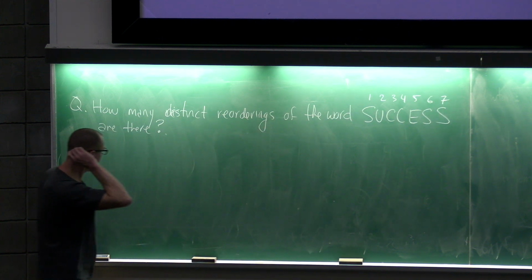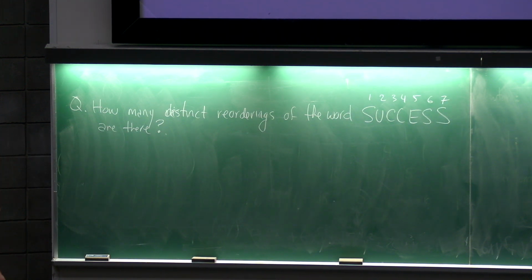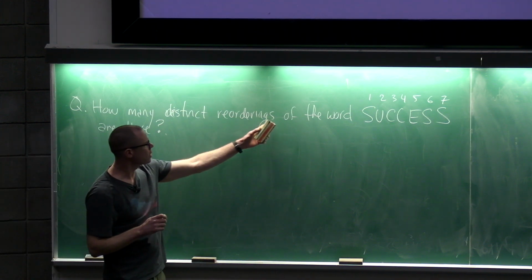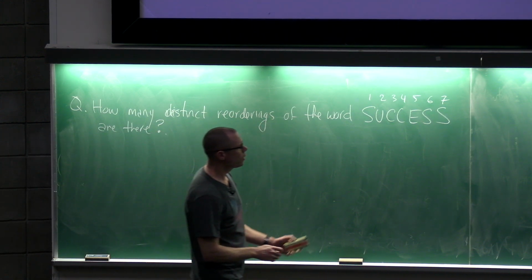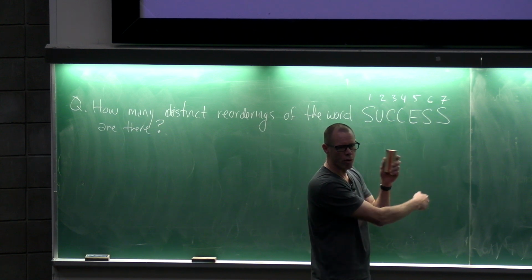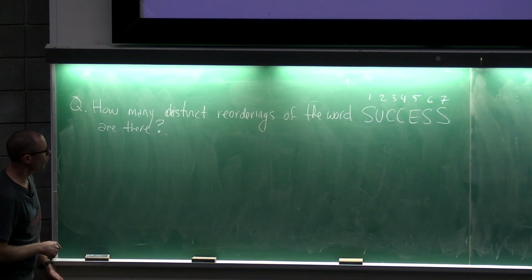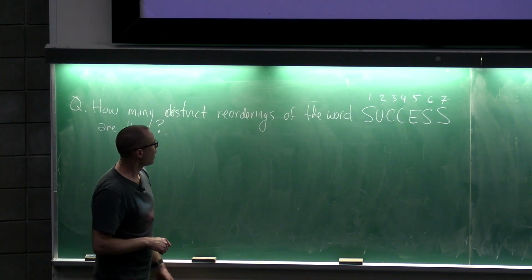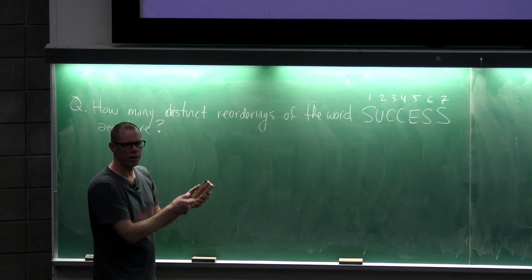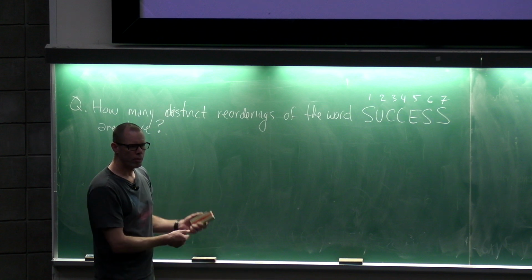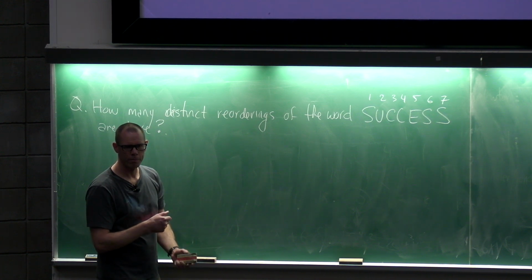Okay, and there's a reason that I used "reorderings" here. By reordering, I mean you just take the letters and put them in a different order. We have a name for that kind of operation already: we usually call it a permutation.